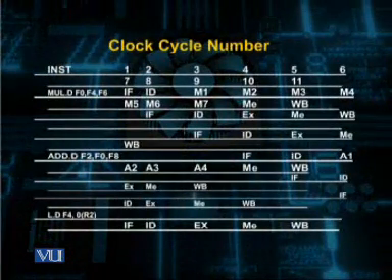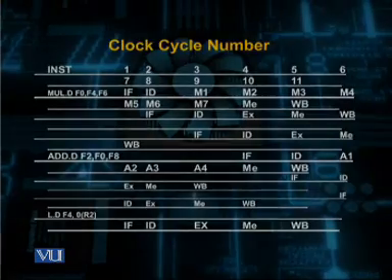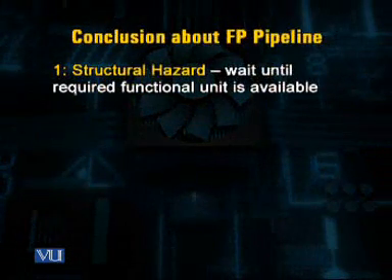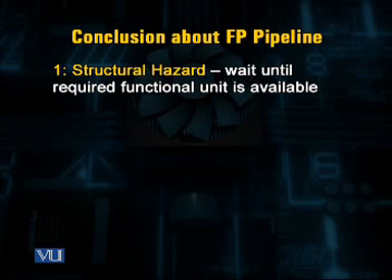However, as we have noticed, all instructions check hazards in the instruction decode stage. Therefore, we can perform the following three types of checks. For structural hazard, we have to wait until the required functional unit is available.